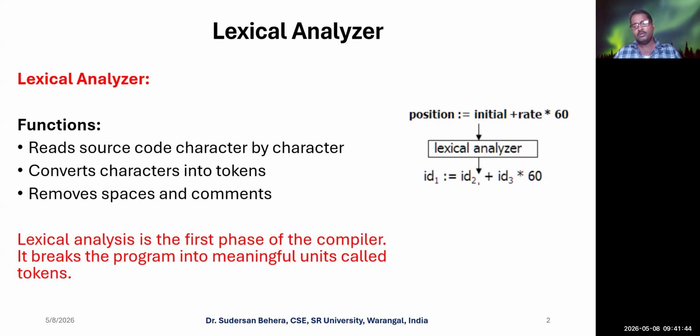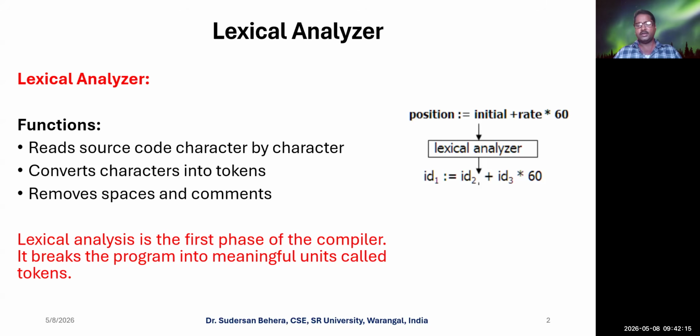Then it reads the into operator. Into is an operator, so it just identifies it, and it does not create anything in the symbol table because the operator is predefined. Then it reads 60. 60 is a constant which is known to the compiler, so it does not create anything new in the symbol table.